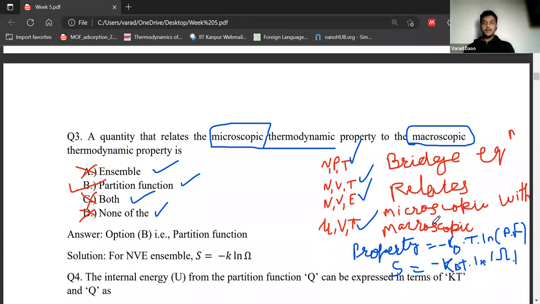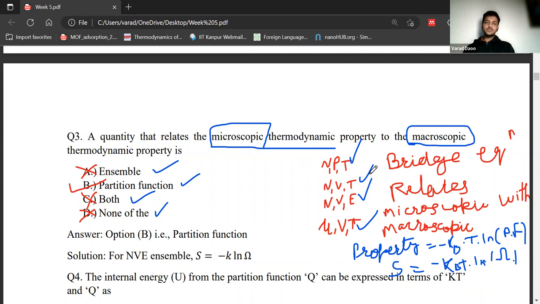The equation that relates the macroscopic property with the microscopic property is called a bridge equation, and this bridge equation is different for different ensembles.